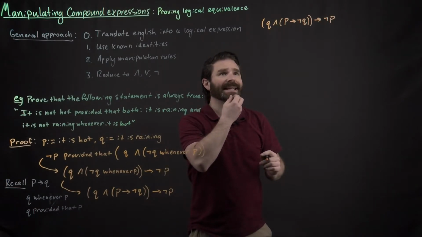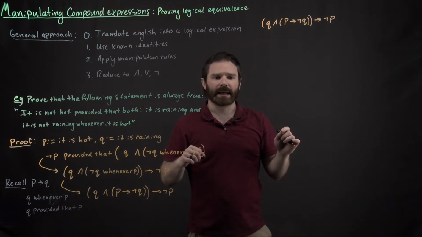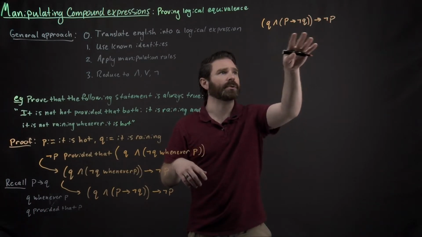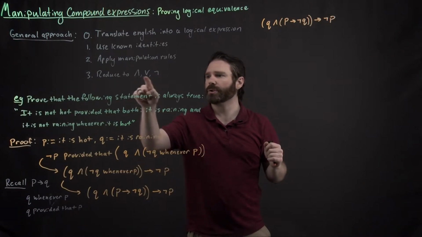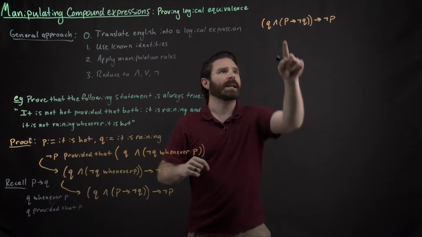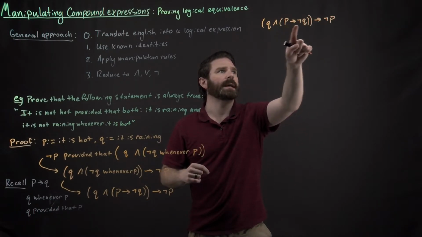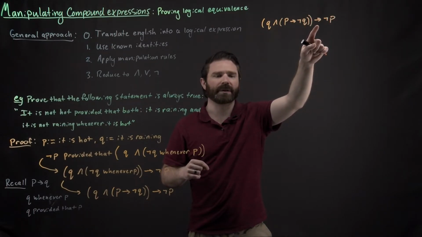Okay, fantastic. So once again, I don't see any immediate identities that I can apply to be able to simplify this thing. So I am going to reduce it to ands, ors, and nots. And in particular, right here, I'm going to take this implication and rewrite it in terms of its definition right here.